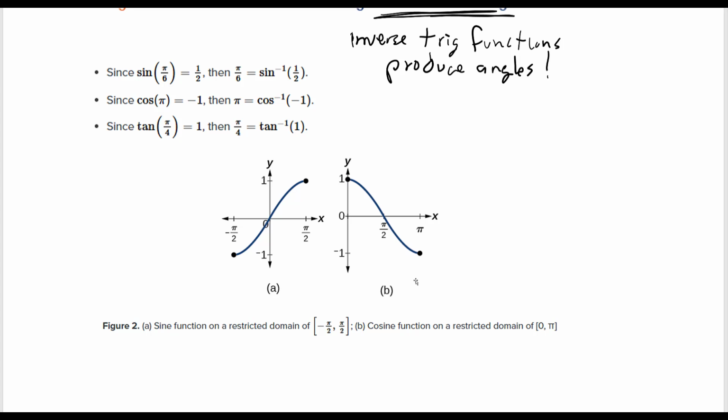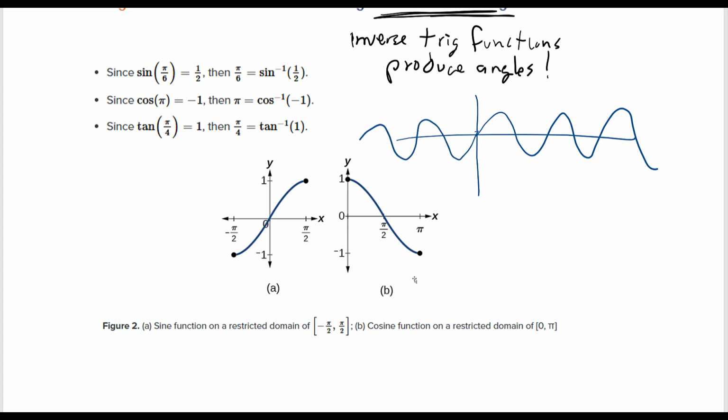So you may be saying to yourself, or saying to me, to the screen, well, wait a second. I know that sine does this. It's a periodic function. So how do we know which one we're talking about? Well, we have to limit our domain for the sine. So we cut off sine at negative pi over 2 and positive pi over 2.